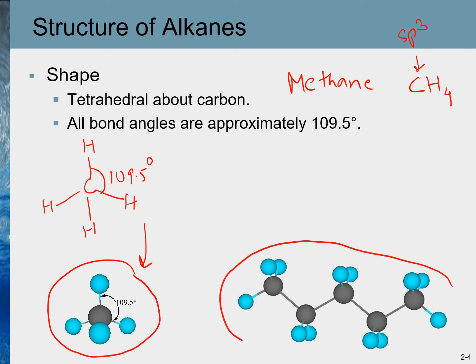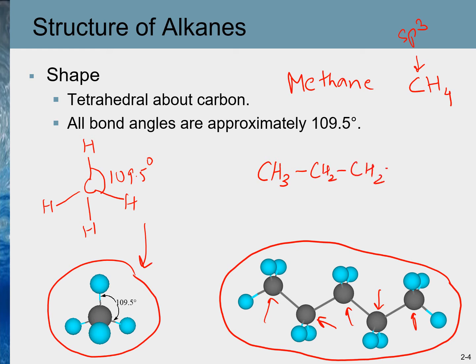This is the ball and stick model of an alkane with 5 carbon atoms. The name of this alkane is pentane. We will talk more about the naming a few slides later.